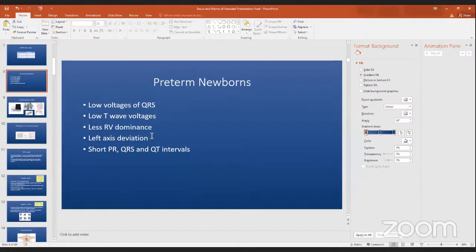The RV dominance is less compared to full-term babies. There could be a left axis deviation in the preterms. Also the PR interval, the QRS duration and the QT interval are all a bit short. So this is the comparison of preterm newborns to full-term newborns. These are the differences.